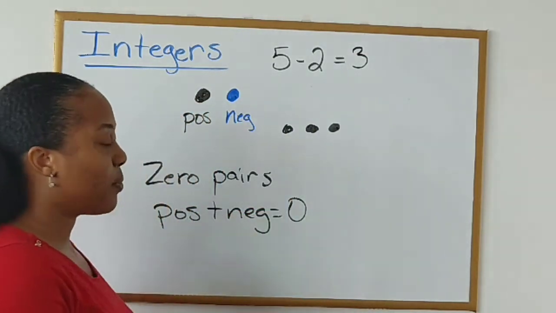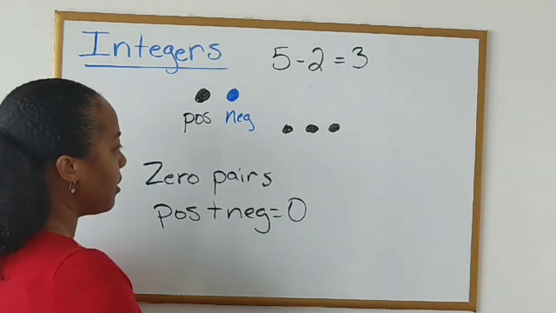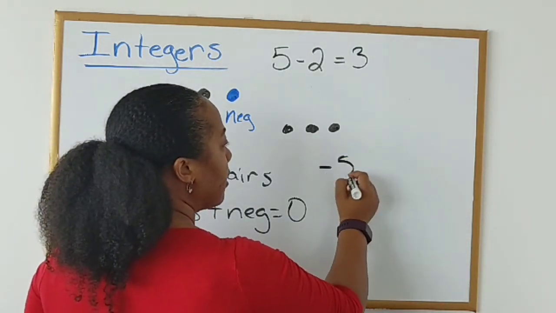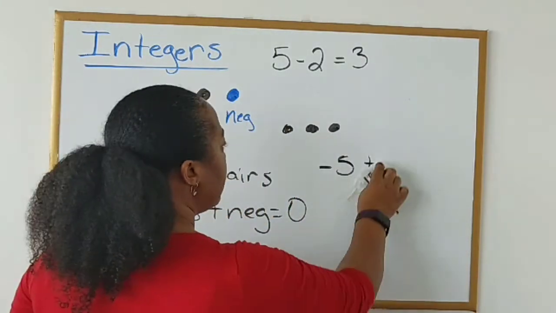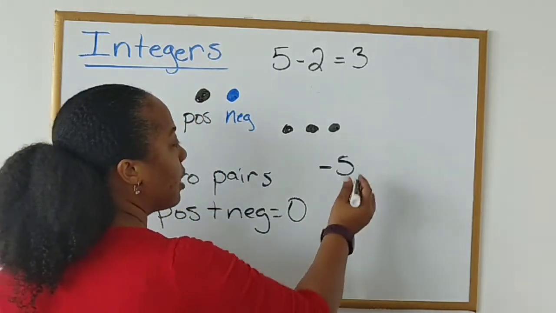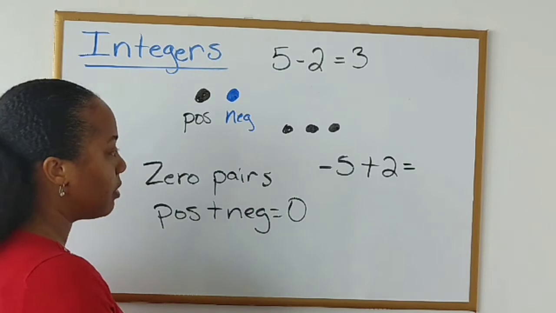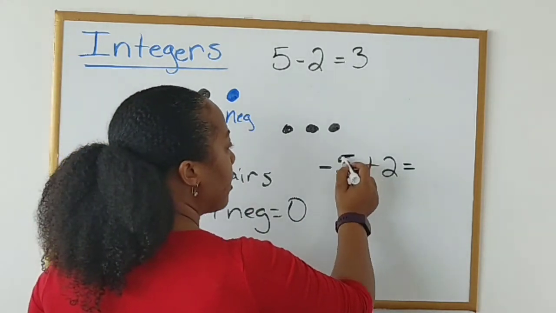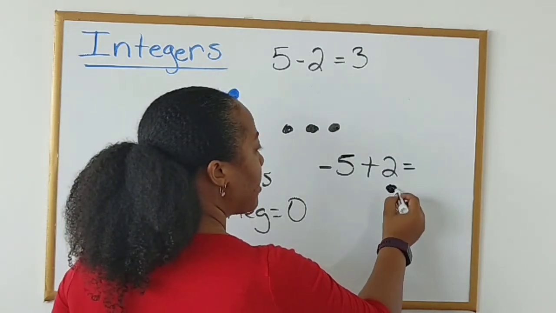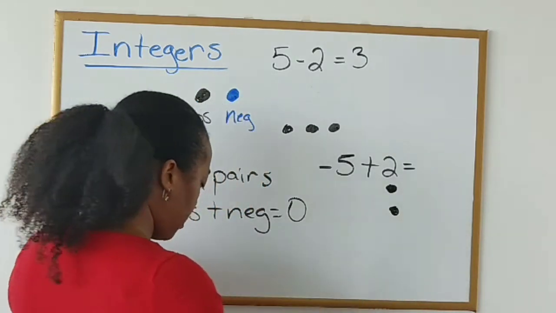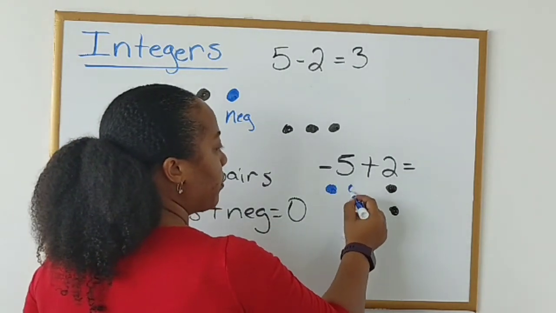Well, can we do it the other way also? What if we had a negative 5 plus 2? Well, what does that equal? Well, now we have 5 blue and then 2 positive. So now what can we do?